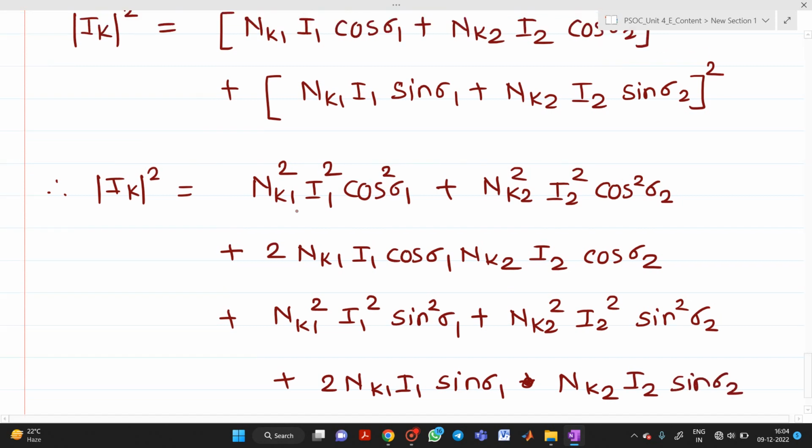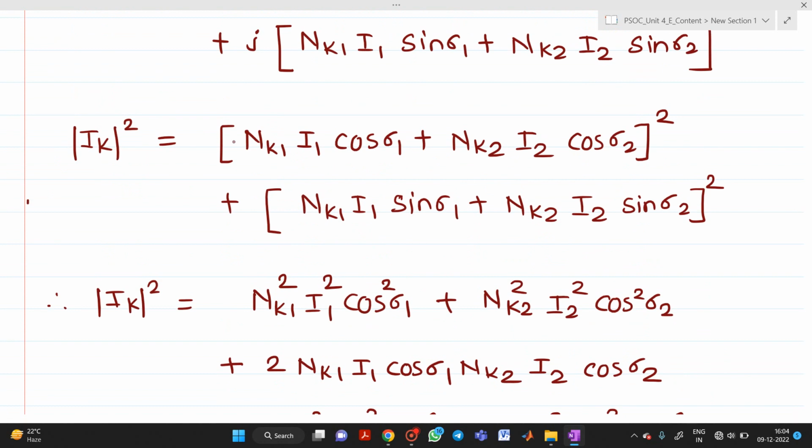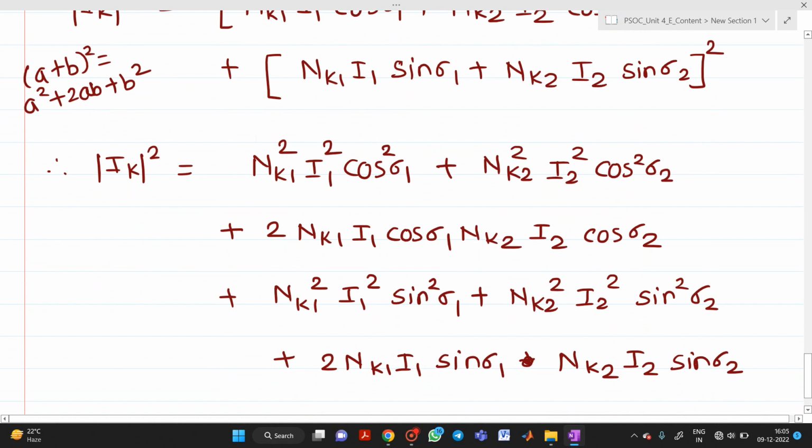What we did here is use a plus b bracket square, which is equal to a square plus 2ab plus b square. Here we have taken the mod, so j square is not taken as negative.